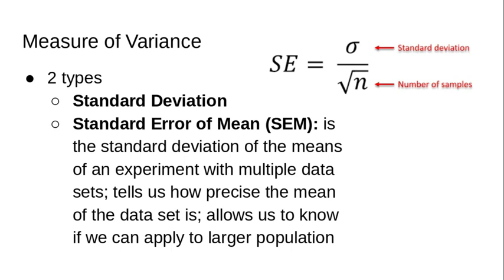And again, the purpose of it is to be able to say, if the standard error of the mean is low, then you would say, you know what, it looks like we have run multiple trials, we have collected a lot of data, and what we have come to realize is that our experiment is yielding pretty constant results. The values that we're getting are pretty clustered around the mean. And so we feel pretty confident in being able to extend our thinking from this small experiment into a larger population, even though we didn't run the experiment on the full big population.